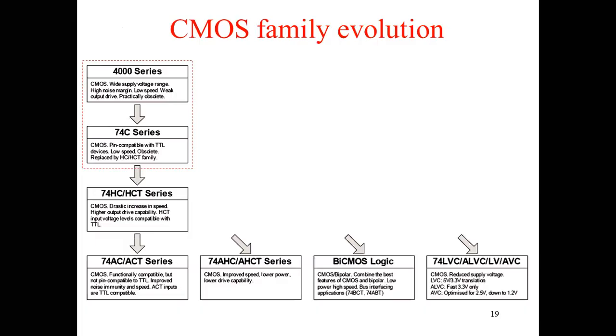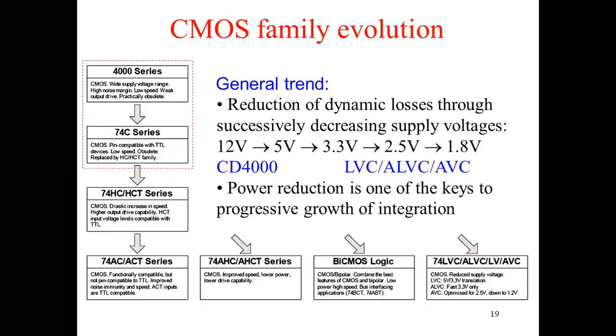So here are the series. The CMOS family starts from 4000. 74C is again CMOS. 74HC CMOS, a drastic increase in speed. 74AC, ACT, 74AHC, BiCMOS and 74LVC. These are the different logic families for CMOS. And the trend is a reduction of dynamic losses through successively decreasing power supply.